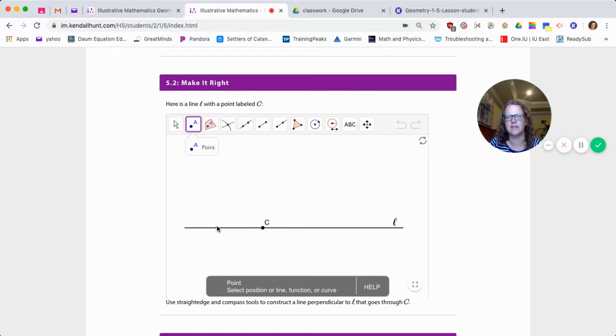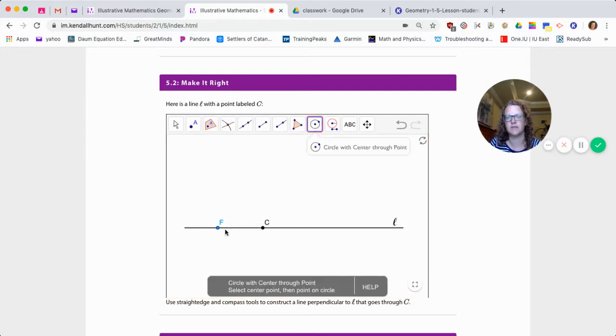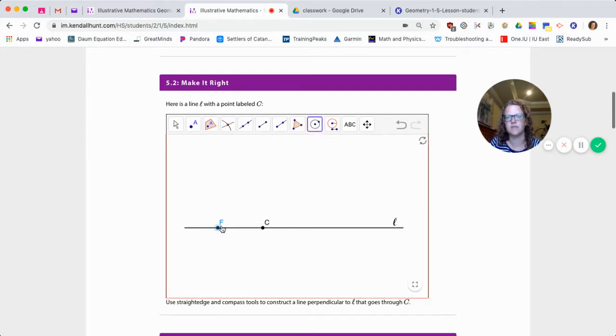Put a point to the left of C. I'm going to draw a circle around that point. And my circle just has to be bigger than C. Okay? Now, if I can find the intersection up here and down there of a circle the exact same measurement.